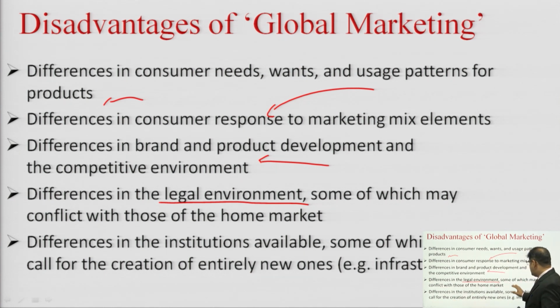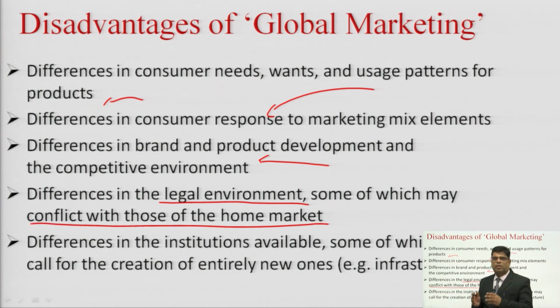So, these laws can conflict with the home market. The company which is habituated to the laws existing in the home market, when it goes outside and starts marketing the products globally, can also find that the laws existing in the foreign markets are very different and very contradictory from the laws existing in the home market. Such a scenario is often observed.